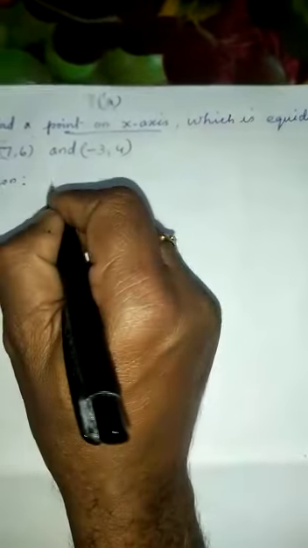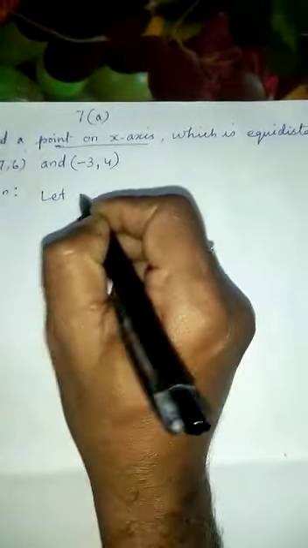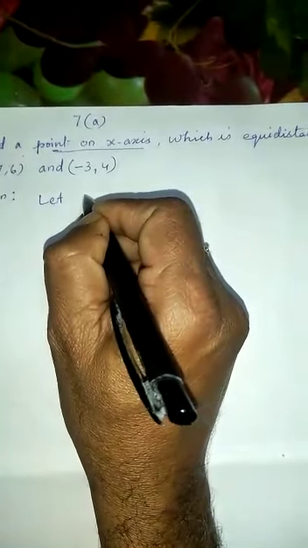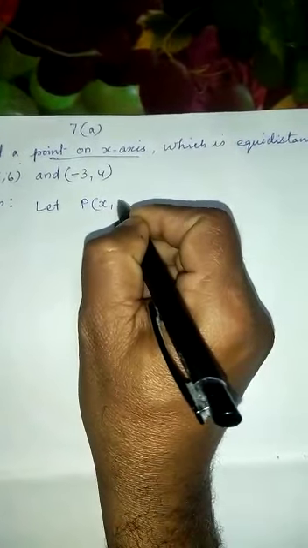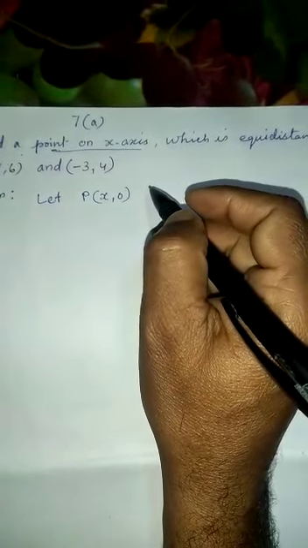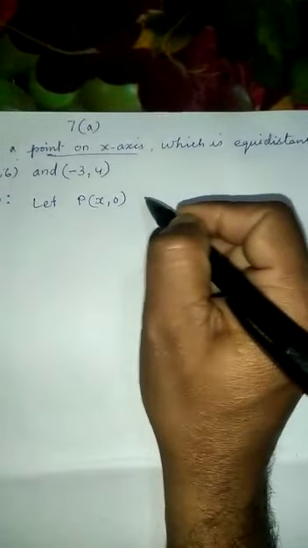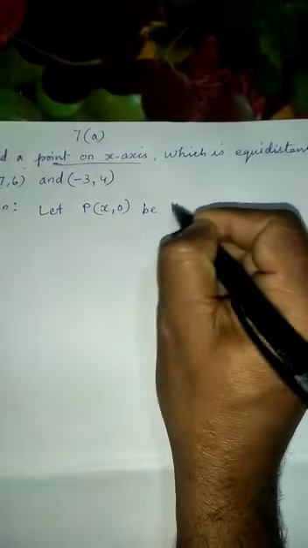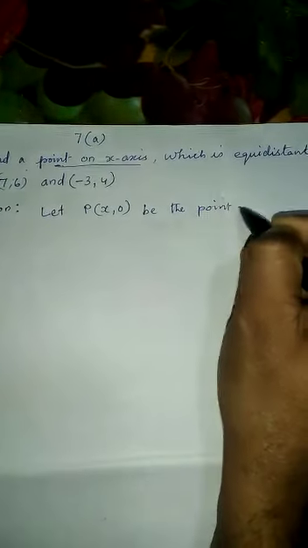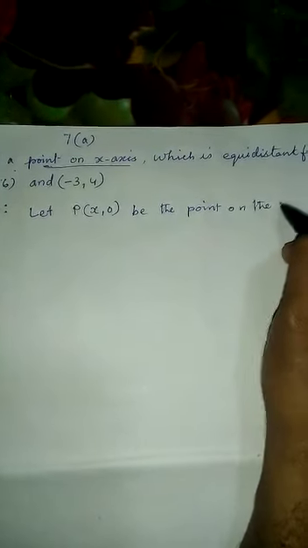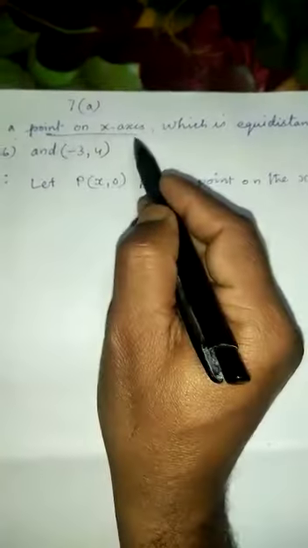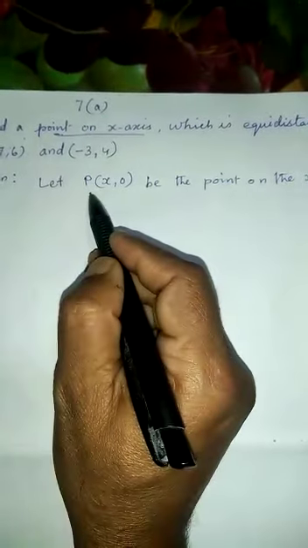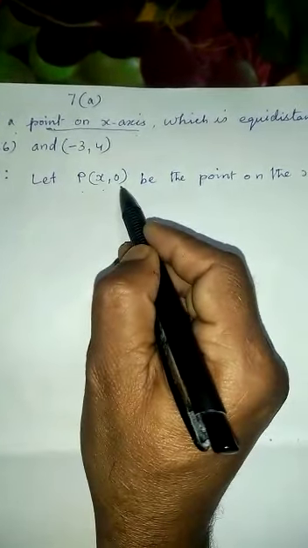Let us take that point as P. Let P (x, 0) be the point on the x-axis. We need a point on the x-axis, so that can be taken as P (x, 0).